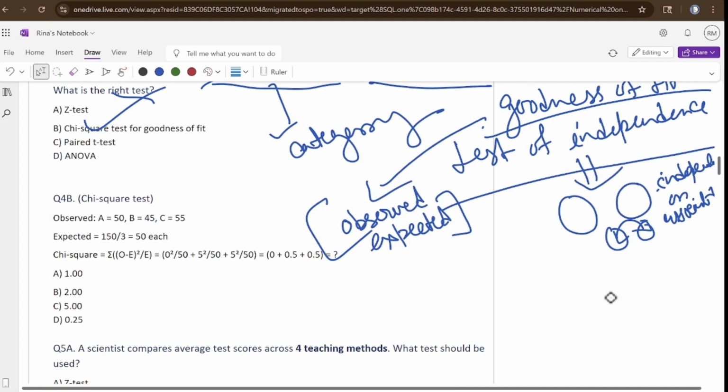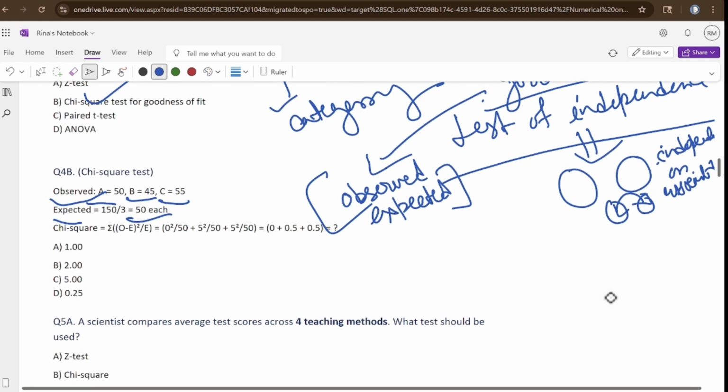Now let's do the numerical. For group A 50, for group B 45, for group C 55. These are observed. What is expected? For everyone it is 150 divided by 3, which is 50. Now you have to calculate chi-square. This is the formula: observed minus expected whole squared divided by expected. So for first group, observed is 50, expected is also 50, squared divided by expected.